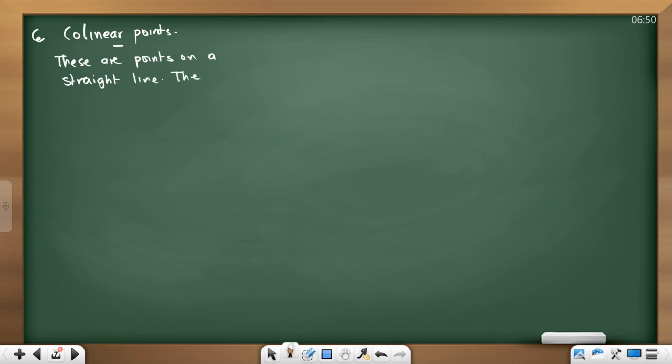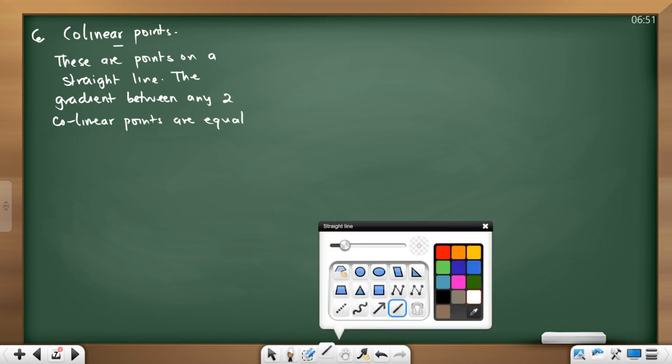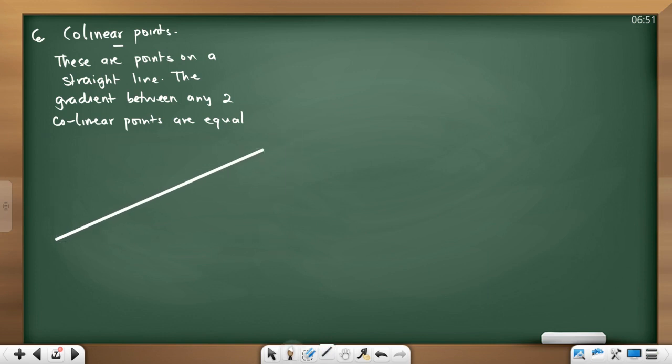Now, the gradient between any 2 collinear points is equal. What do I mean? Collinear points are points on a straight line.